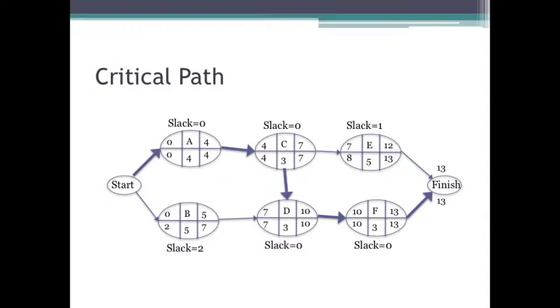Now, here's the project as we solved it before. We have our critical path, we have earliest start, earliest finish, latest start, latest finish, and of course we have the slack. Based on this, what should we crash first? Well, we need to think about a few things. First of all, would hurrying anything outside of the critical path help us?